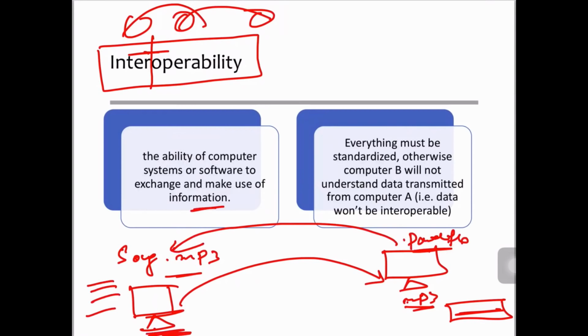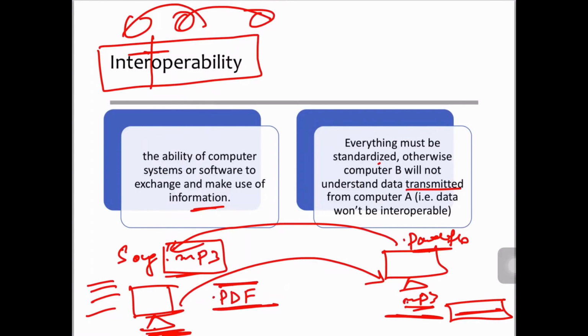But for interoperability, everything must be standardized. What does standard mean? We have to follow some order and use some software. Standardized means that otherwise computer B will not understand the data transmitted. So MP3 or PDF is a format of the data, portable document format.